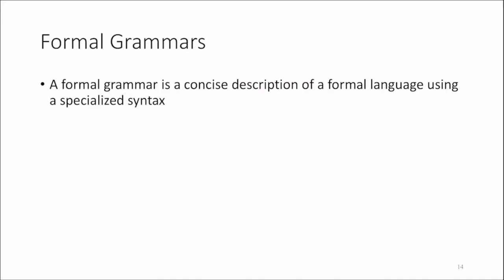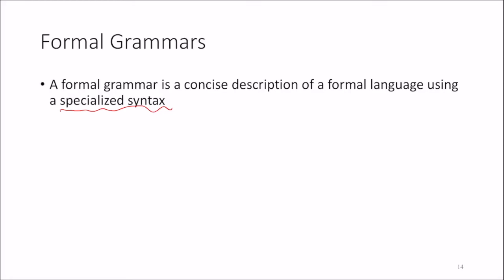Now it's very hard to deal with this kind of set notation of regular languages when we want to do some kind of programming, because you have to define this set in this mathematical notation. It's much more convenient to use some kind of specialized syntax to describe a regular language. When we take a formal language and describe it using this specialized syntax, you can think of it as a special kind of programming language used to define this formal language.